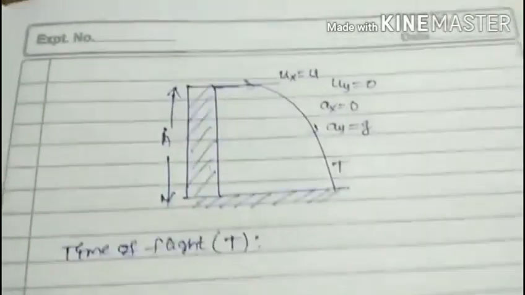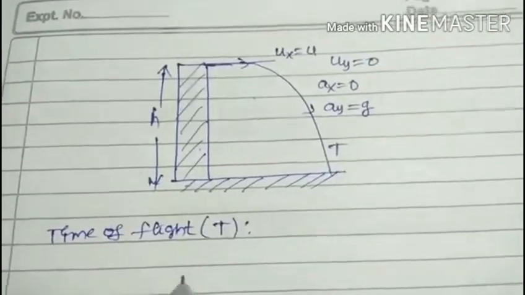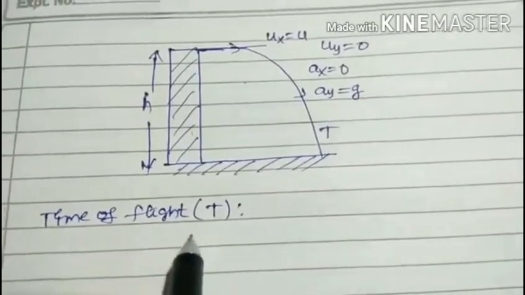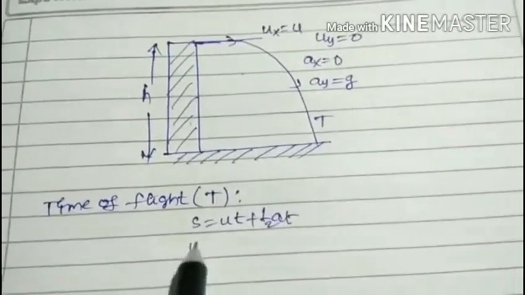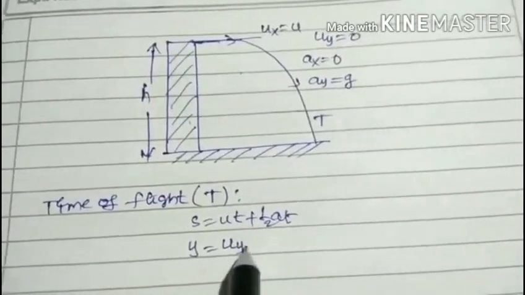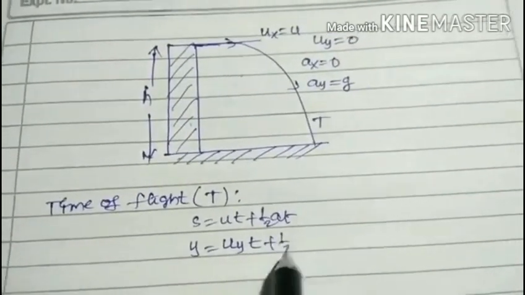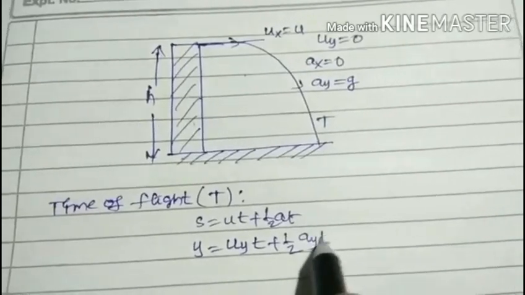Similarly, for the time of flight, from the laws of equation of motion, y is equal to uy into t plus 1 by 2 ay t square.